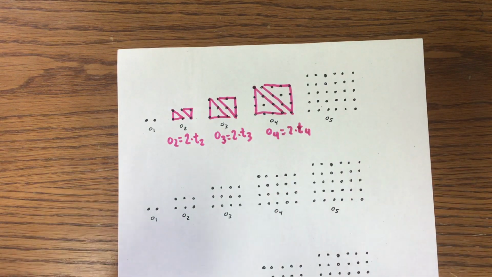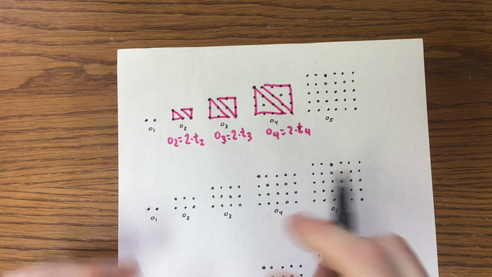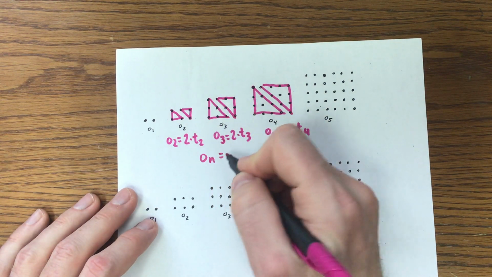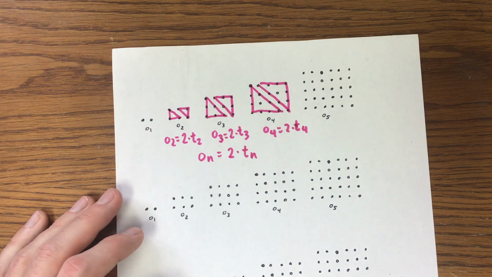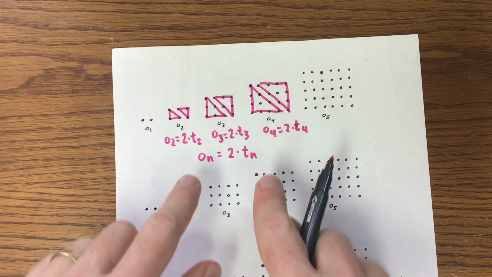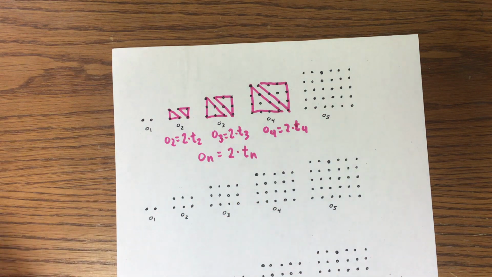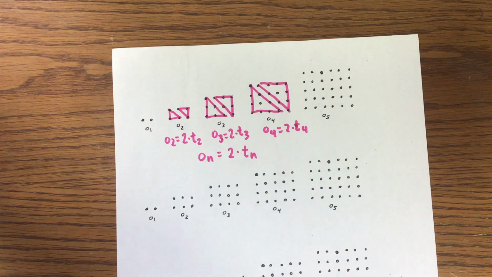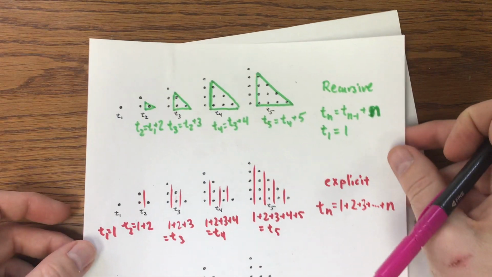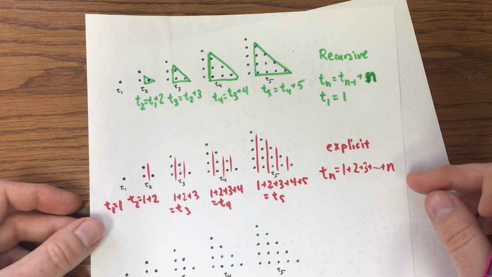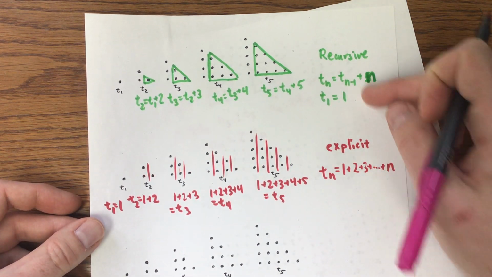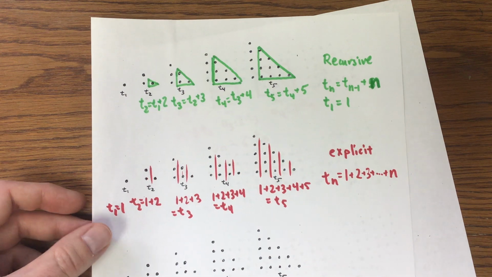And this isn't really a recursive formula or an explicit formula. This is just a formula that's showing a relationship between oblong numbers and triangular numbers. Specifically, it's showing me that O sub n is 2 times T sub n. This is really cool because it's going to help me get a formula for my triangular numbers. When I left these, I really only had a recursive formula and an explicit formula. And if I wanted to find, say, the 100th triangular number, both of these formulas are going to take me a long time.